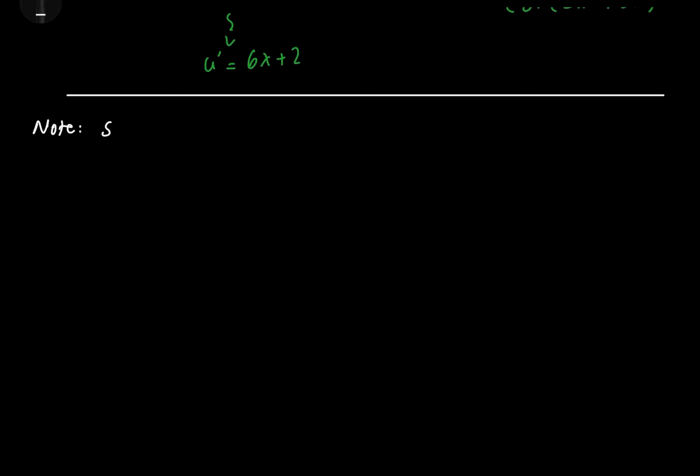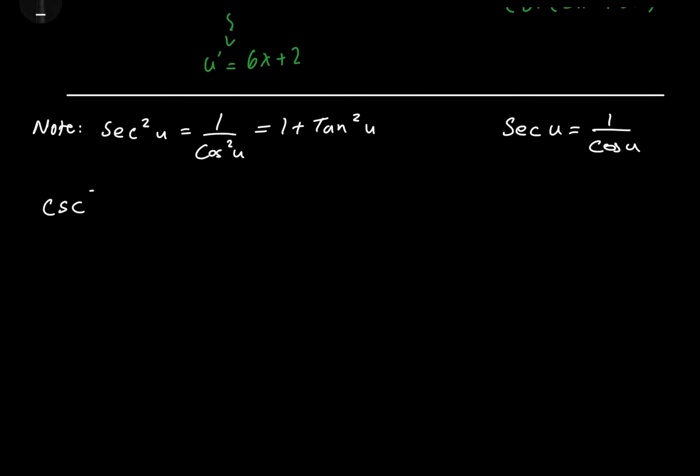We know that the secant square of a function u is equal to 1 over cosine square of u, or equal to 1 plus tangent square of u. And that's why those three formulas were equivalent to secant square of u, because secant of u is simply the inverse of the cosine of that function. The same thing exists for the cosecant square of u.